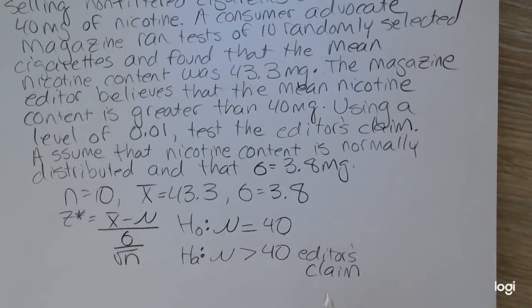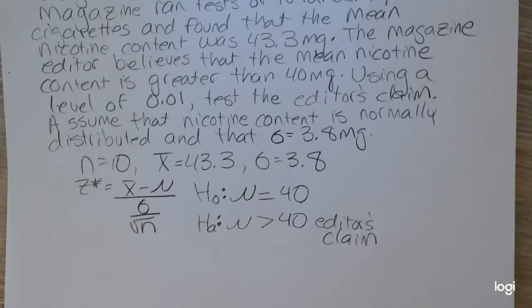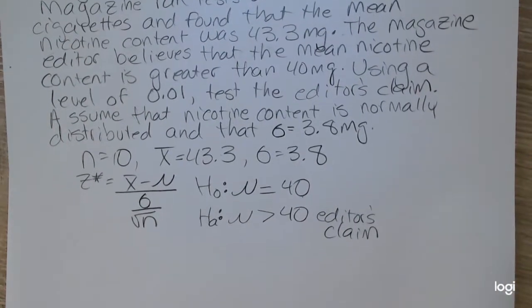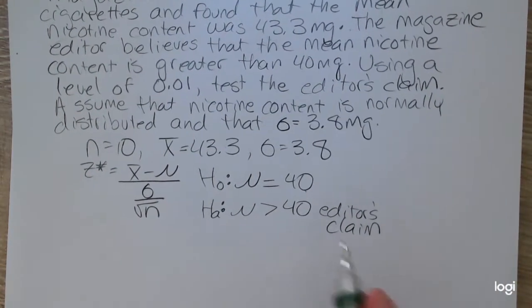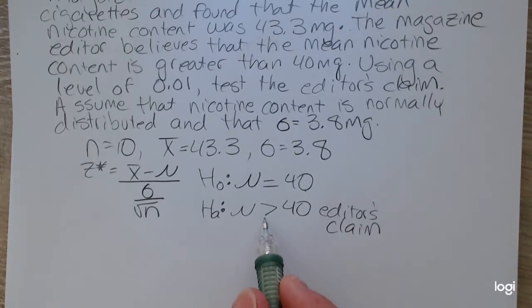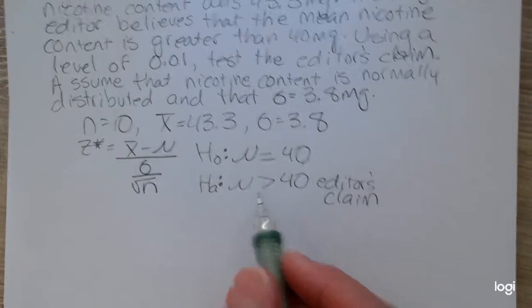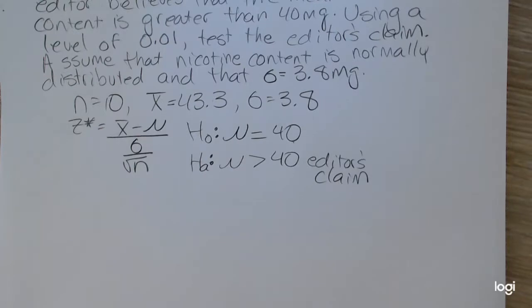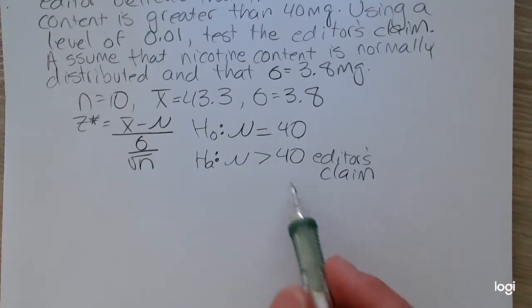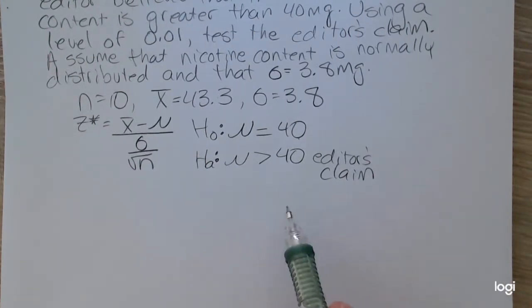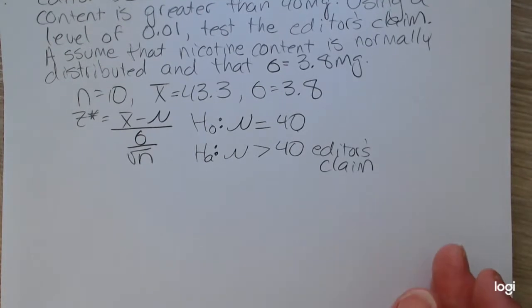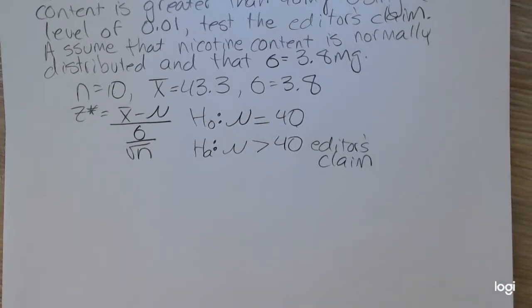But we're doing this hypothesis test from the approach of the magazine editor. So what we have here is an upper tail test. And if we were using the critical value method, we would be shading a right tail area of rejection. But in this video, I want to use the p-value method.